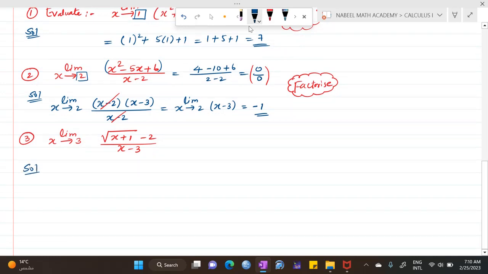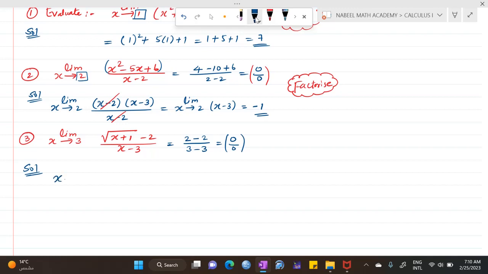When you replace x with 3, you get 3 plus 1, 4, square root of 4 which is 2, minus 2, over 3 minus 3, which is 0 over 0 form. Therefore again it is an indeterminate form, but the given function in this case is a radical function. So how will you solve this type of problem?